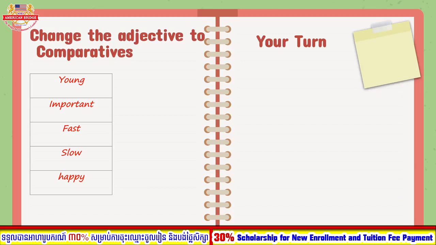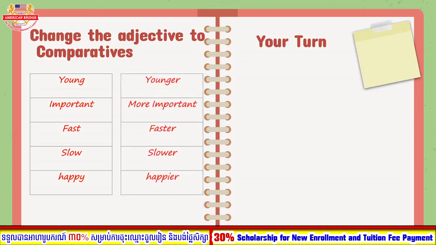If it has two syllables, we use more. But if the adjective ends in y, you change y to ier. So when we change them to comparative: younger, more important, faster, slower, and happier, right?